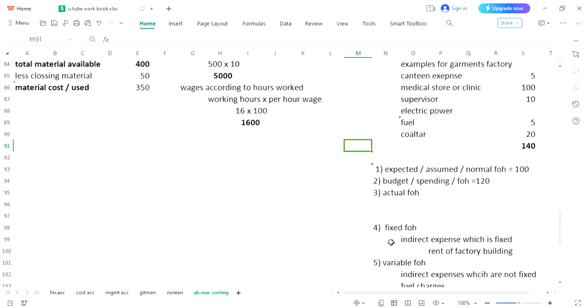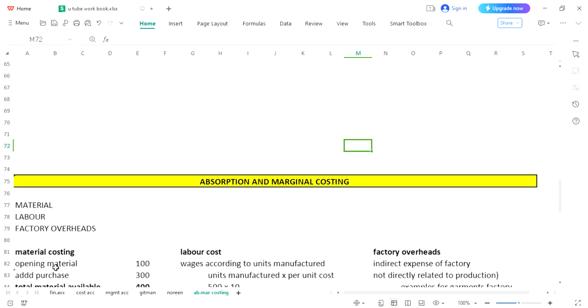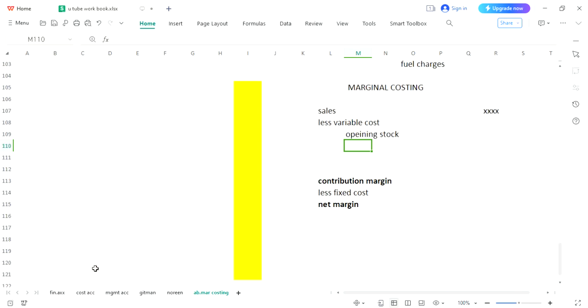Opening stock of material means raw material which was present at the starting of the period. If you have two dates, January and December, the raw material present on January is your opening stock. And you will add purchases over here, and then you will subtract your closing stock.